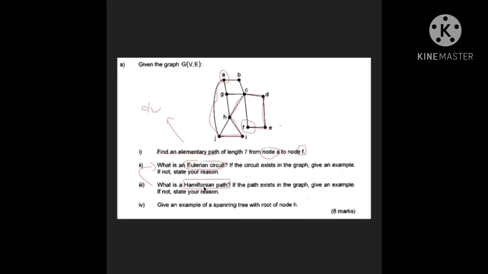A Hamiltonian path is a path in a graph that passes through each vertex exactly once, starting with a vertex and passing through all the vertices exactly once.